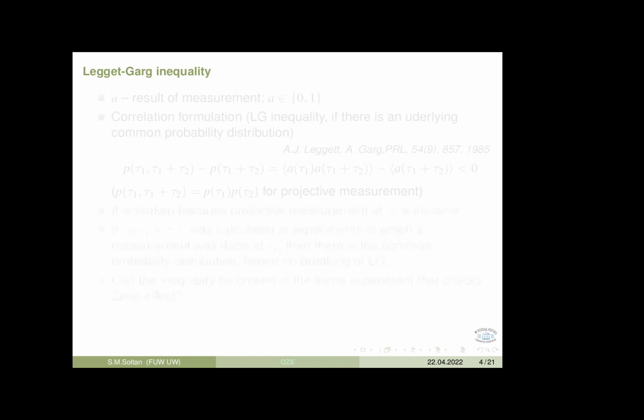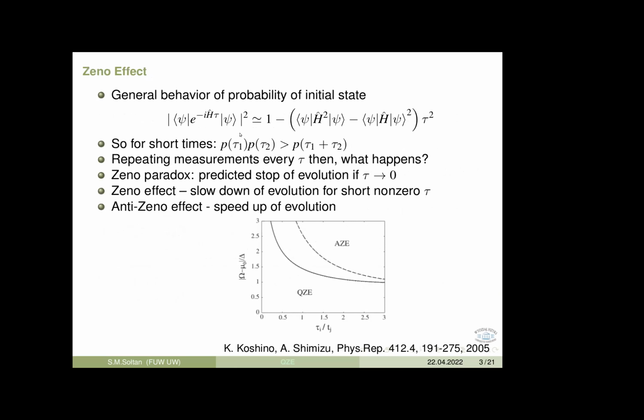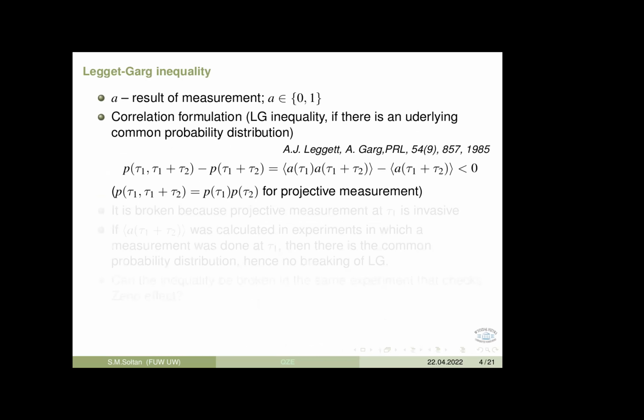Now, about some Leggett-Garg inequalities. If you look at this inequality I wrote here, that is the inequality that I intend to discuss during this presentation. It is the Leggett-Garg-like inequality. Leggett-Garg inequalities are inequalities that are often broken in quantum mechanics due to the fact that there is no joint probability distribution of measurement results.